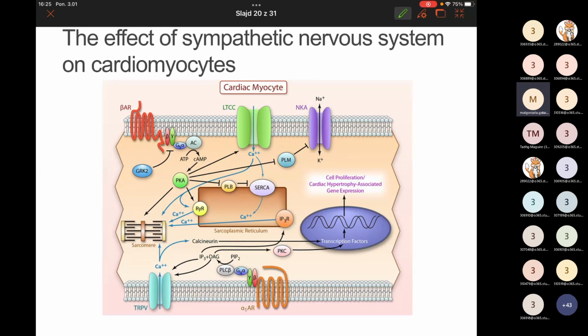The beta-1 receptors are also present in the cell membrane of cardiomyocytes. Please remember that the cell membrane of cardiomyocytes is characterized by a very long absolute refractory period. So to increase the heart rate, not only the frequency of action potentials generated in the SA node must be increased, but also the duration of absolute refractory period of cardiomyocyte cell membrane must be shortened.